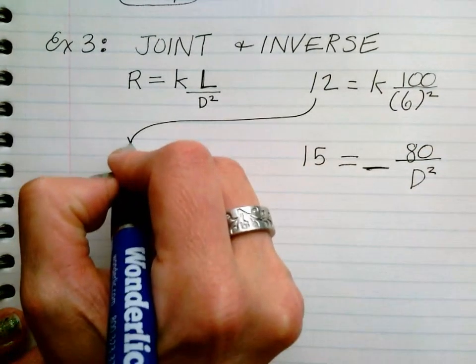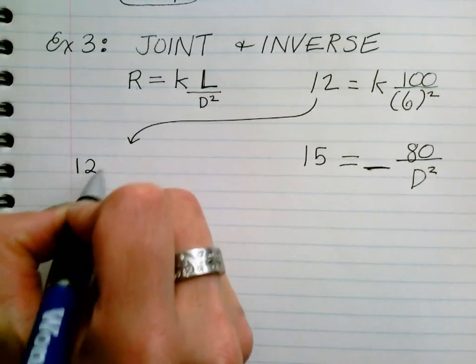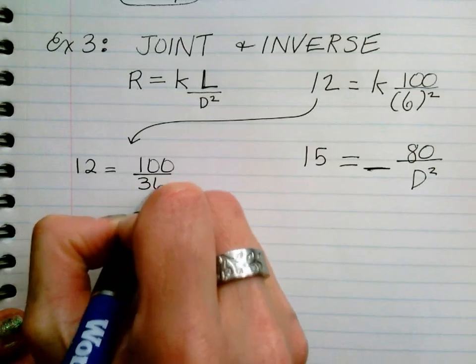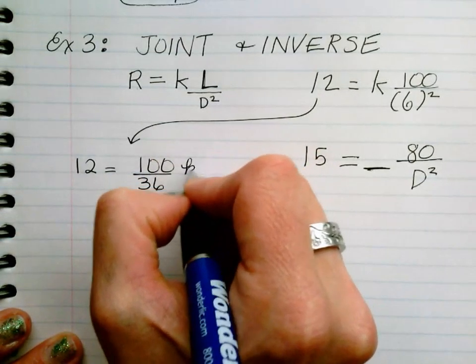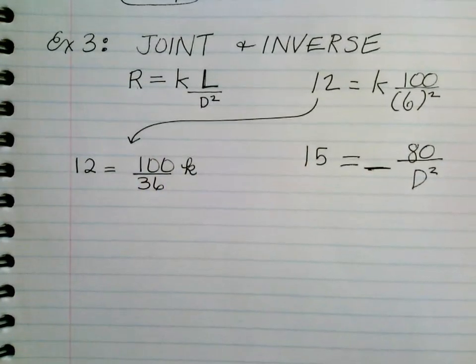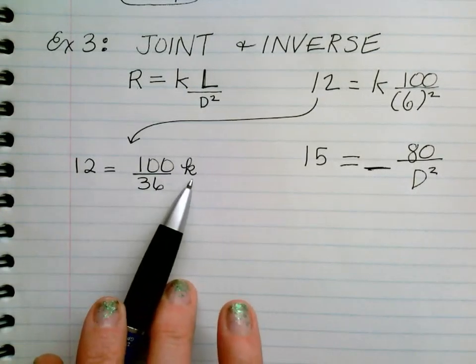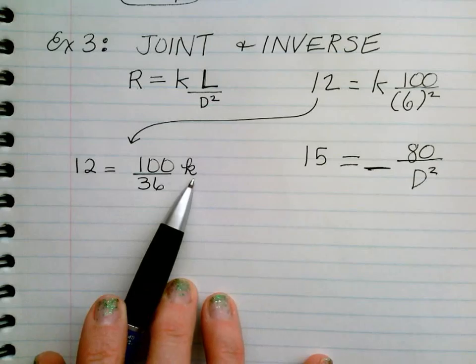I'm going to rewrite it over here so I have some more room. 12 is equal to 100 over 36 multiplied by K. The coefficient usually gets divided out, but you can't divide by a fraction.